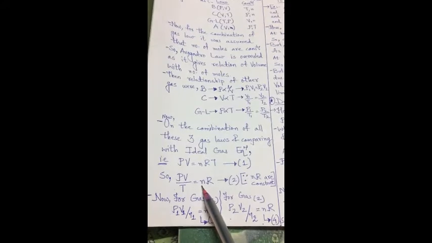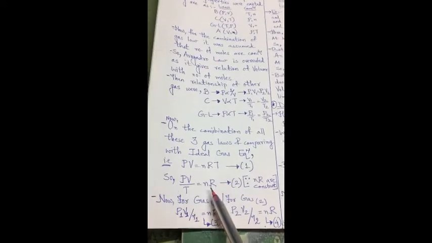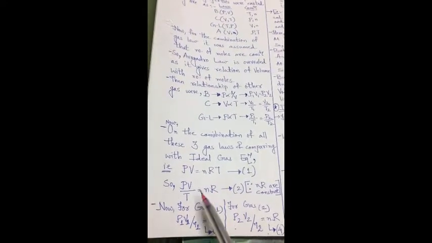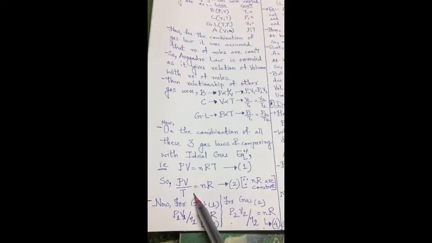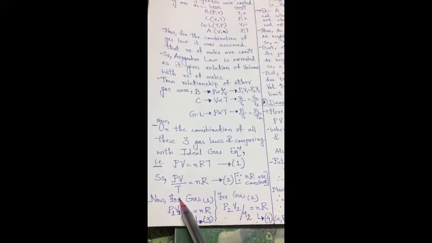So on the basis of the ideal gas law, the equation PV equals nRT is simplified as PV by T equals nR, because n is the number of moles, constant for the gas, and R is the proportionality gas constant. Taking the constant values on the same side, we have PV by T. Now for gas 1, P1 V1 by T1 is equal to nR, and for gas 2, P2 V2 by T2 is equal to nR.